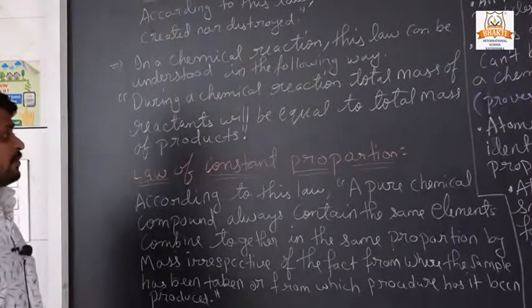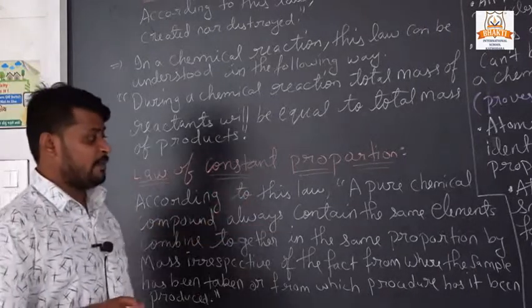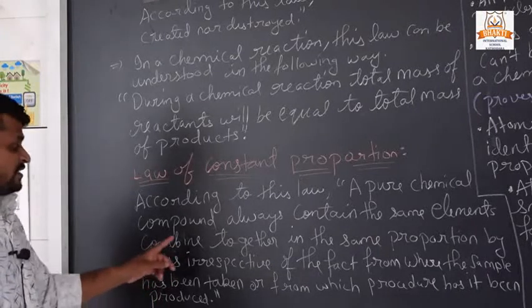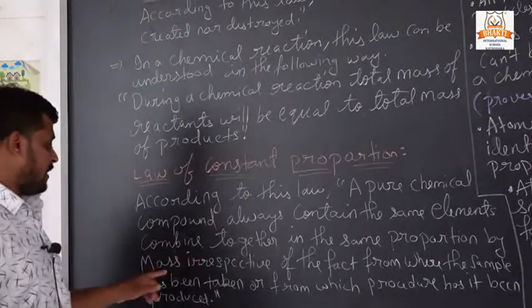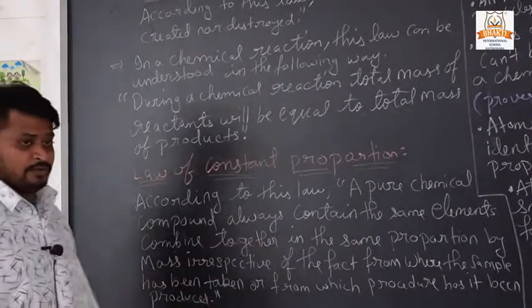What does the law of constant proportion say? That a pure chemical compound always contains the same elements combined together in the same proportion by mass, irrespective of where the sample has been taken from or by which procedure it has been produced.